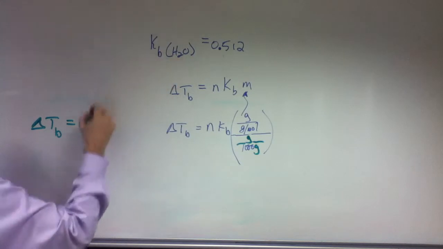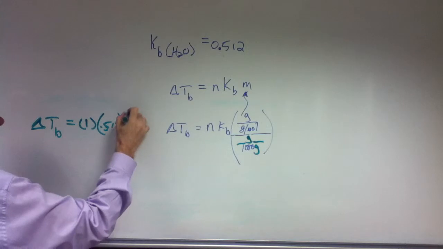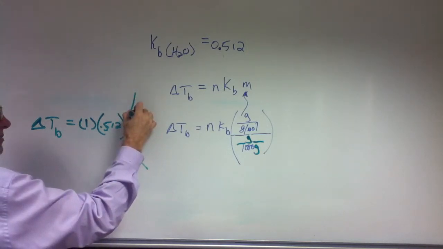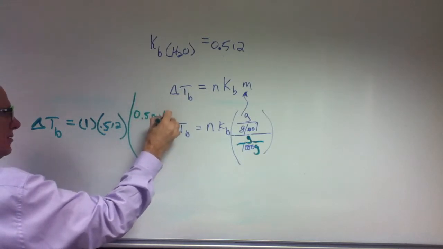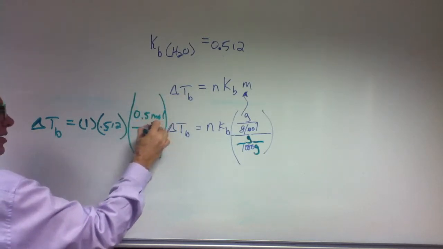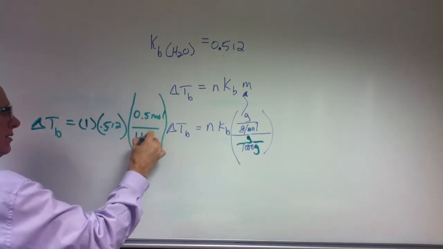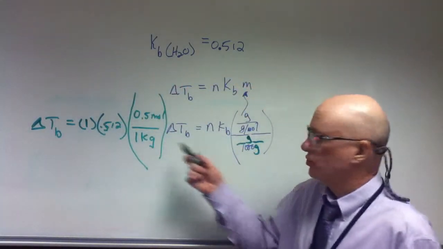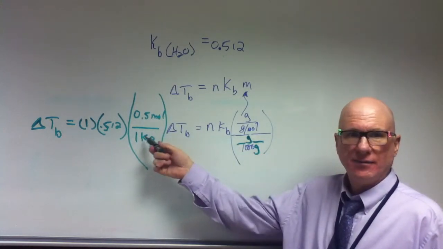Then 0.512, and then how many moles? 0.5 over 1 kilogram. 1,000 grams over 1,000 grams is just 1, correct? So what's the answer?